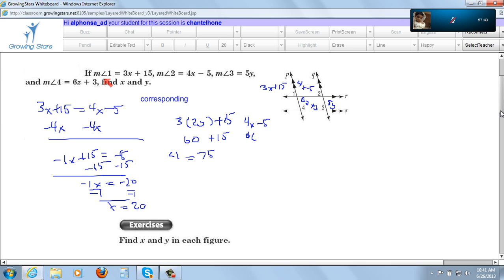Both will be equal. No need of finding both, because they are corresponding angles. So now we are trying to find the value of y, and y is related with the measure of angle 3.